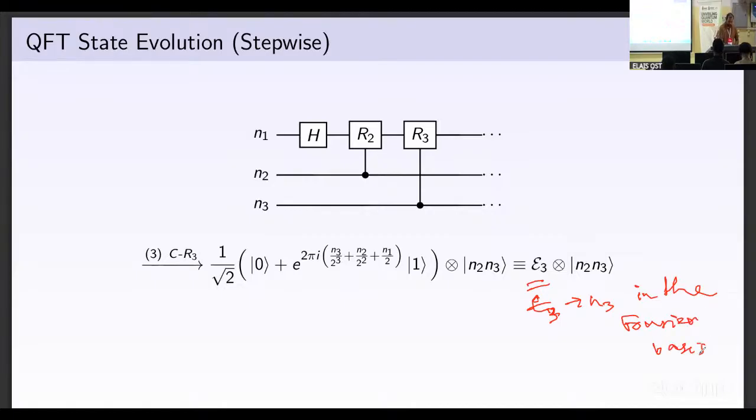So the transformation of one of the qubits is already done. So n3 has already been pushed up. So the phase kickback has already acted here.